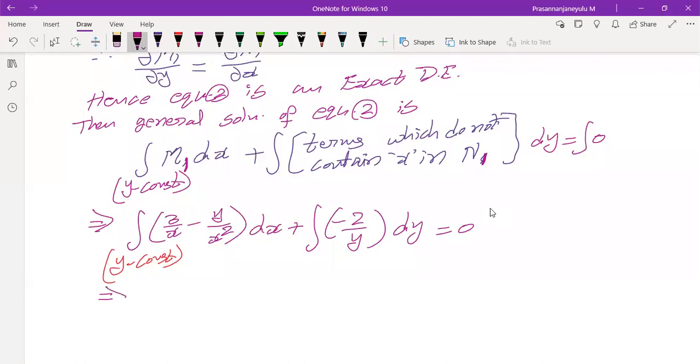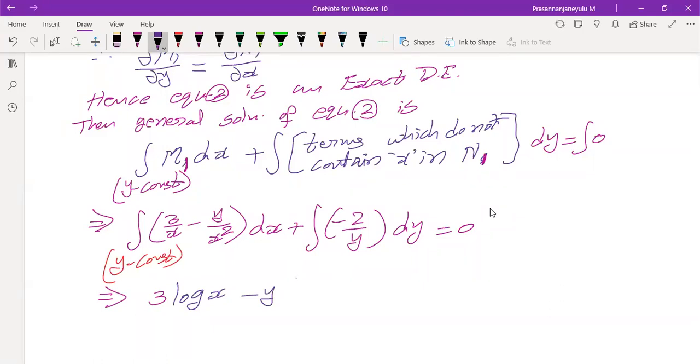That implies treat y as constant. 3 is constant. The integration of 1 by x into dx is log x. Then minus y, where y is constant, as we mentioned, times the integration of 1 by x square into dx.